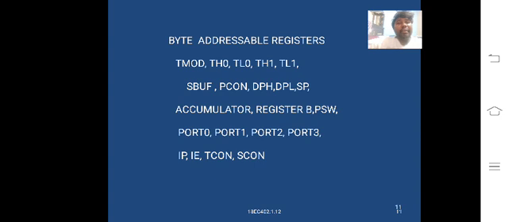Interrupt priority, interrupt enable, timer control and serial control. These are the byte addressable special function registers.